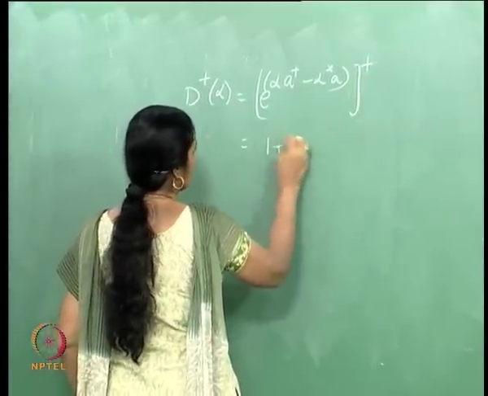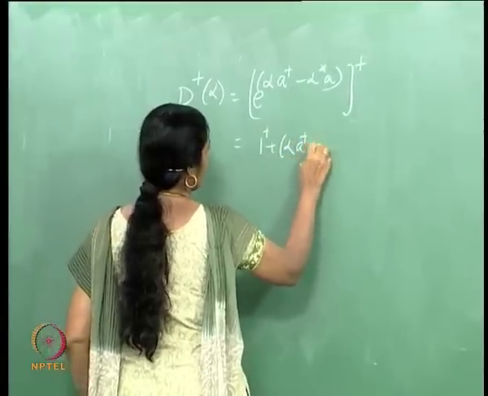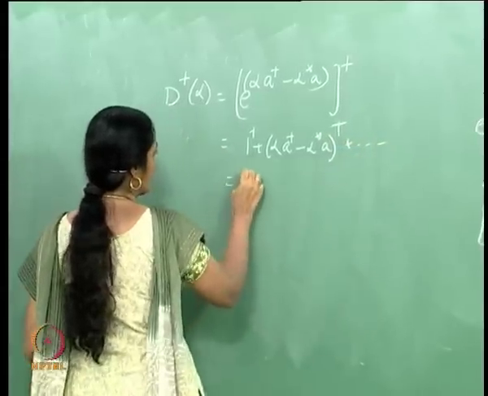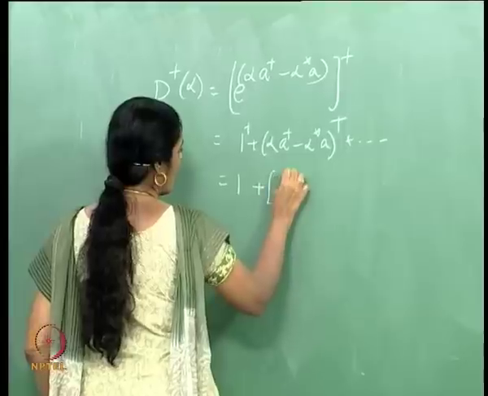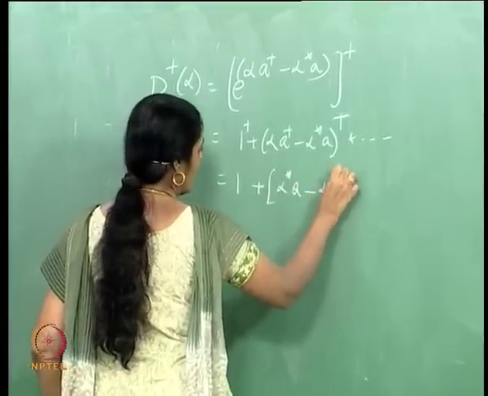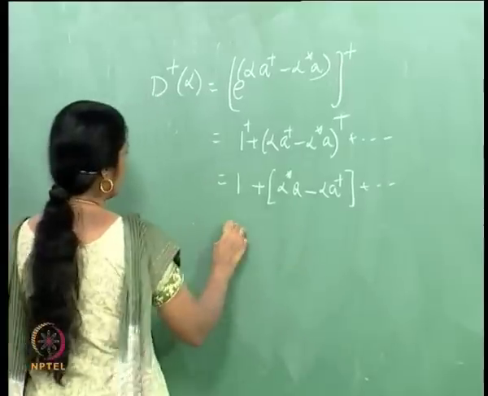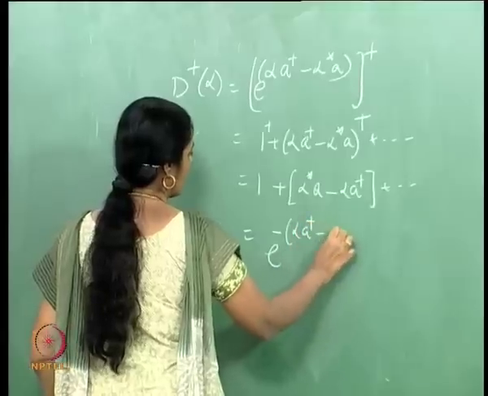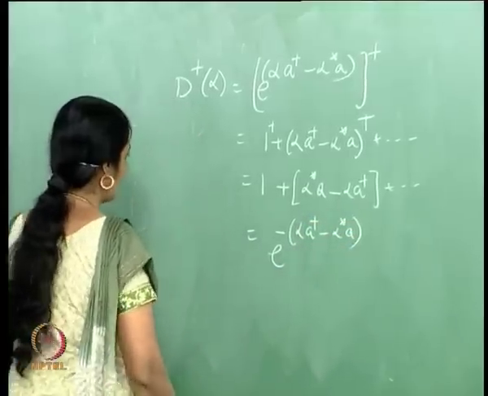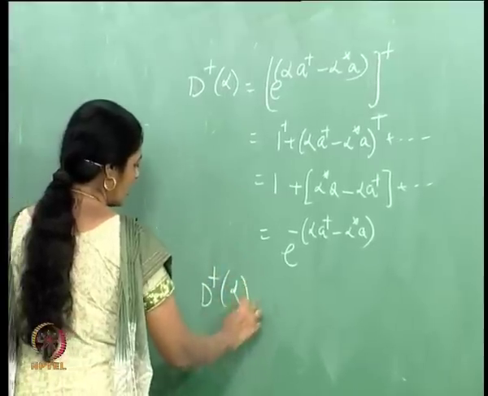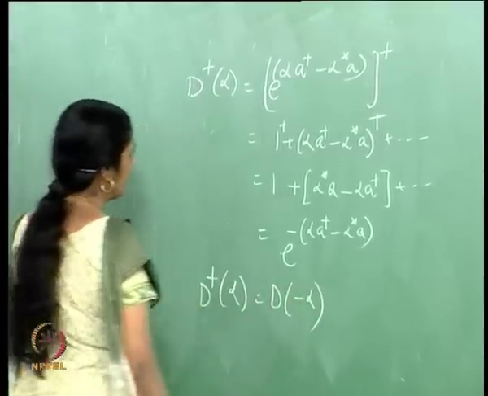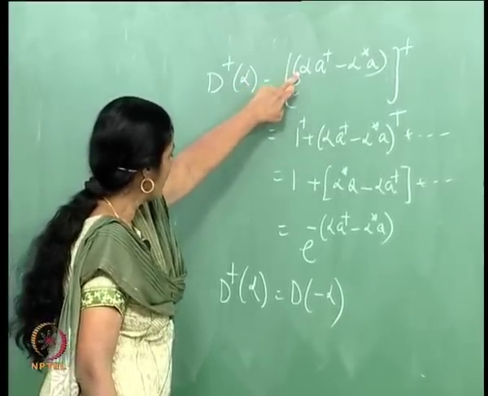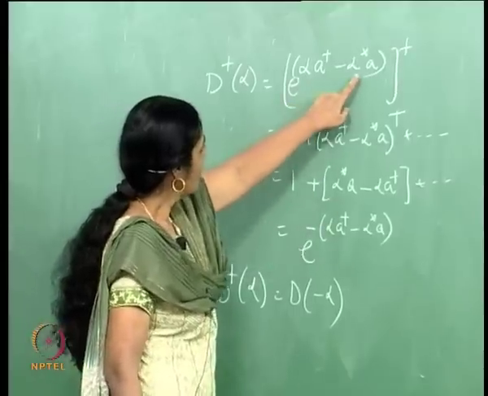It is like taking the dagger of the identity operator plus alpha a dagger minus alpha star a plus so on, and that is the same as 1 plus alpha star a minus alpha a dagger plus, which is the same as e to the minus alpha a dagger minus alpha star a. So d dagger of alpha is the same as d of minus alpha. If here I had simply changed alpha to minus alpha, I would have got e to the minus alpha a dagger plus alpha star a.